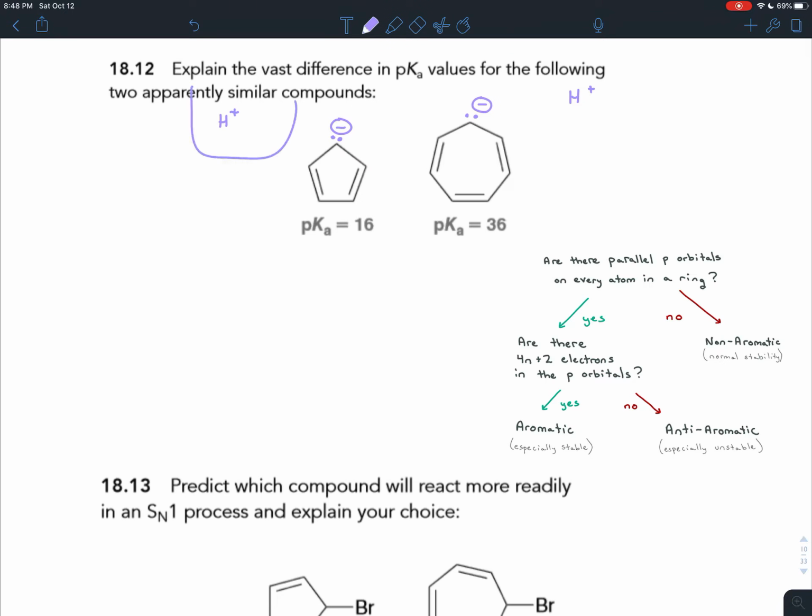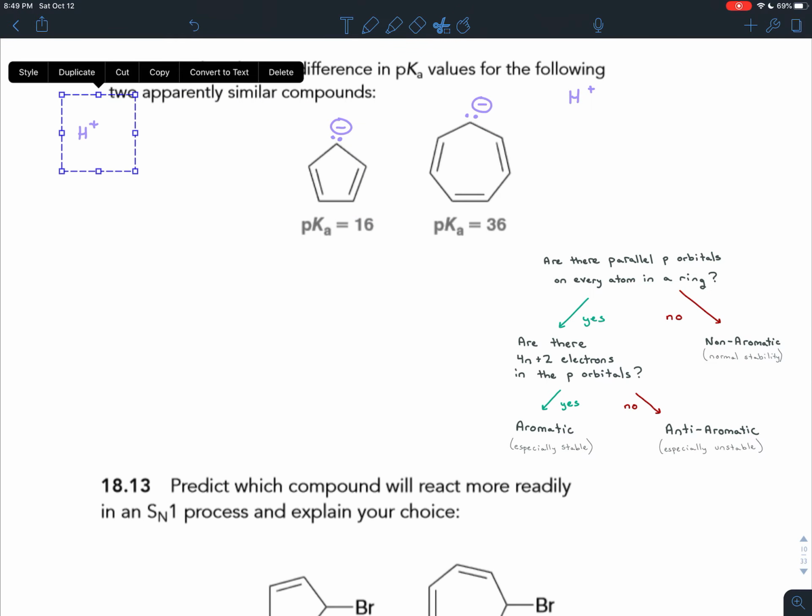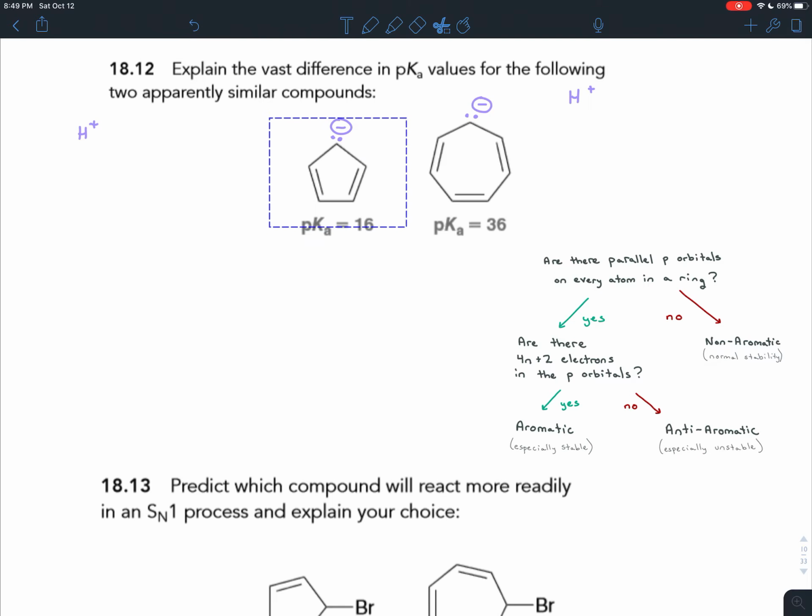So let's go back to our scenario. These hydrogens are trying to leave the molecule. If they leave, the molecule is acidic. If they don't leave, the molecule is not acidic. Everything hinges on whether the molecule that's left behind is stable. If it's stable, then the hydrogen can get away, and what does this molecule care? It's stable by itself.